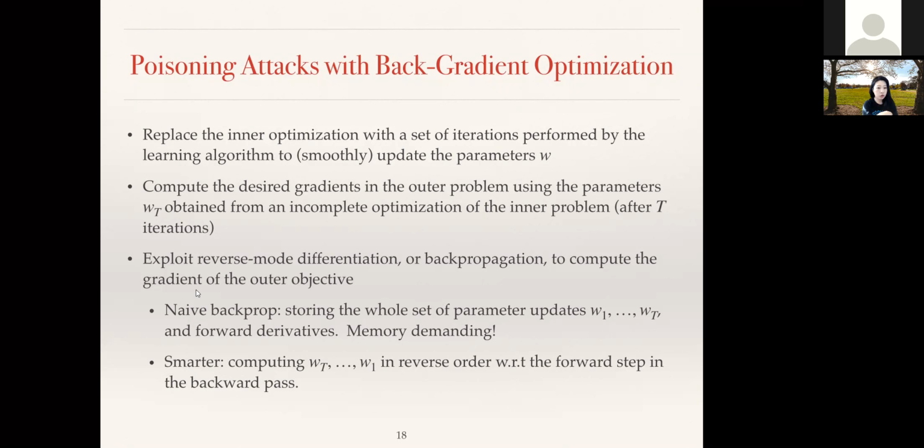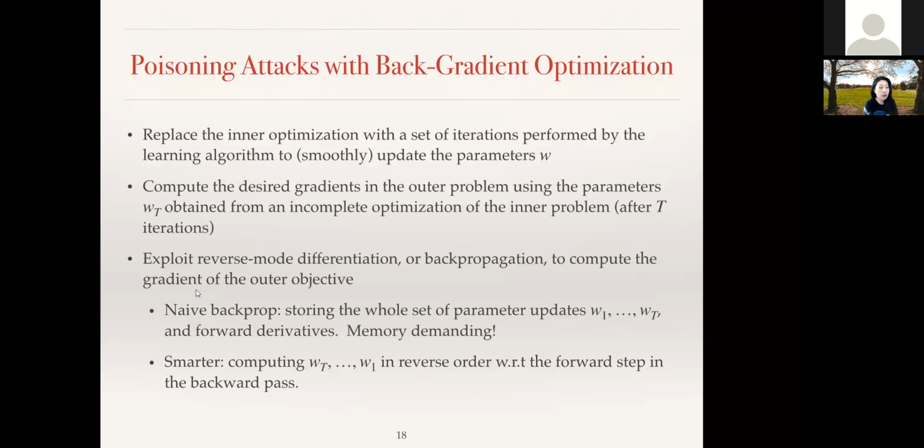Let's not do that; let's do something smarter. Essentially, it's trading some more compute to save some memory, through a little more computational overhead. Of course, there is no free lunch, right? You cannot achieve both.